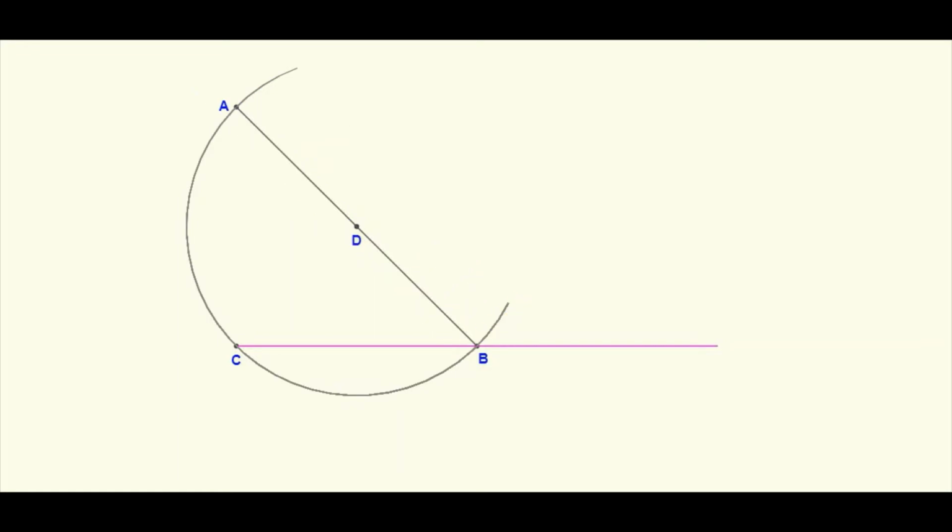At that point that is directly above C, you're going to call it point A, and you're going to take your ruler to connect point A to point C, and that will give you your 90 degrees angle. And this is how you would do it.